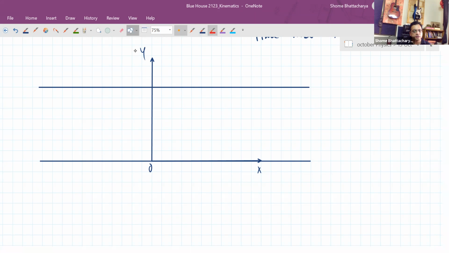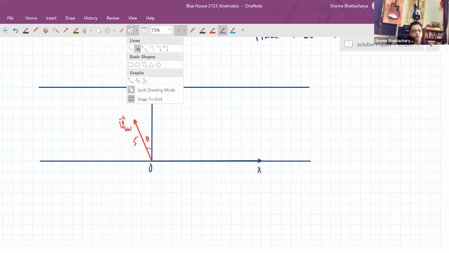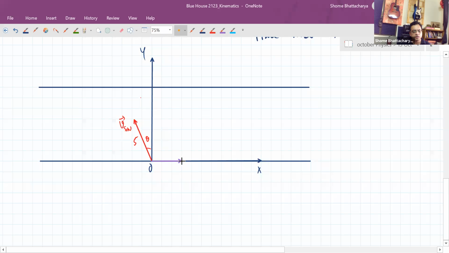What we can see is that the relative velocity of the swimmer with respect to water is this vector. Yes, that's correct, something like that. So the drift actually will be 1/4 of 240, it will be 60. I'll explain how that comes. So this is the velocity of the water in the ground frame, which is 4 kilometers per hour in magnitude.